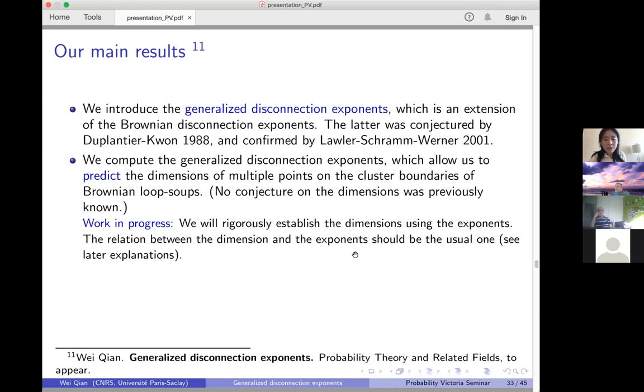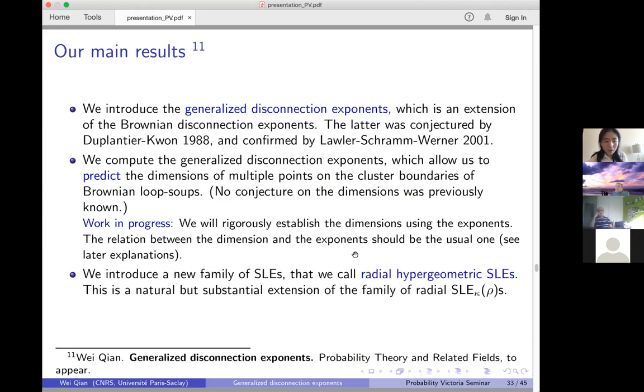The relation between the dimension and the exponents is the usual one that I will explain. At this stage I say predict because I only have the exponents, but in a later work, we will compute the dimensions using the exponents.